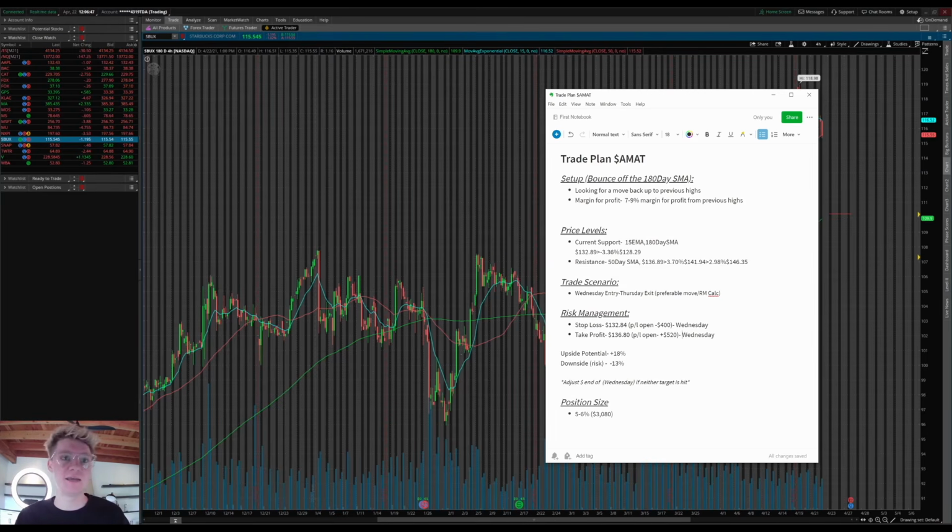And you can see right here, I've said adjust dollar value end of Wednesday if neither target is hit. I'm actually going to change this. I had said Wednesday, but I really want to adjust Thursday if neither target is hit. So I'm adjusting the dollar value end of Thursday if neither target is hit, right? So we're entering on Wednesday. Wednesday's our entry.